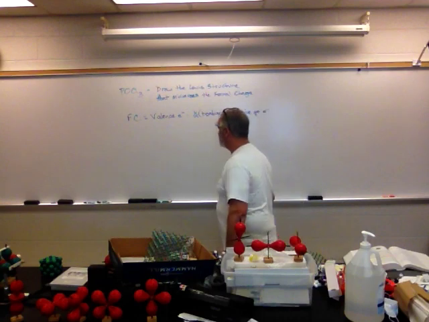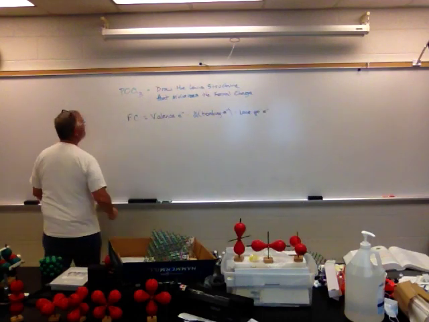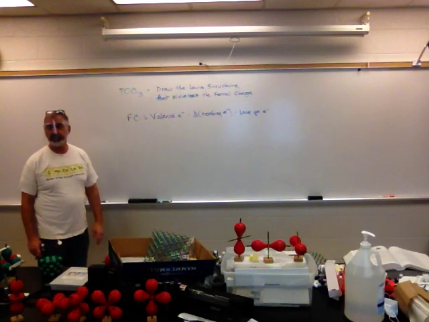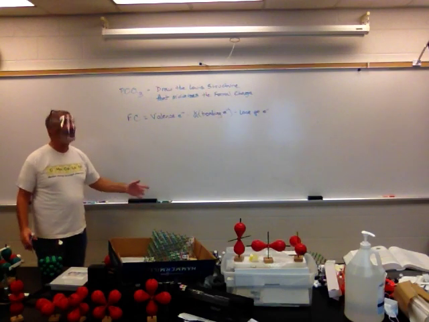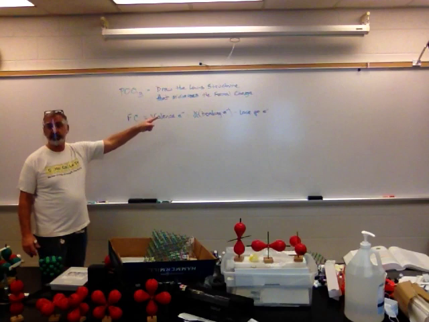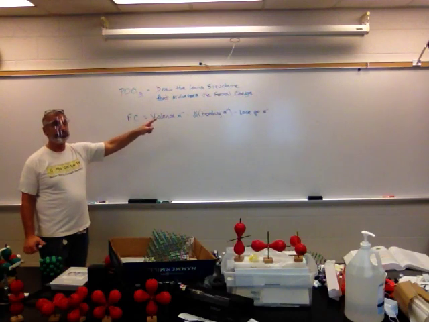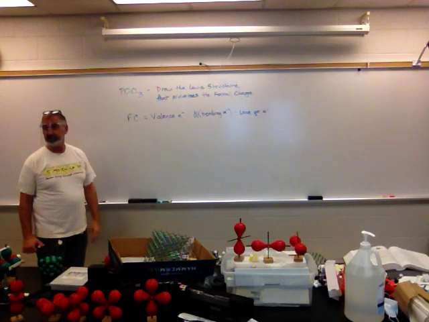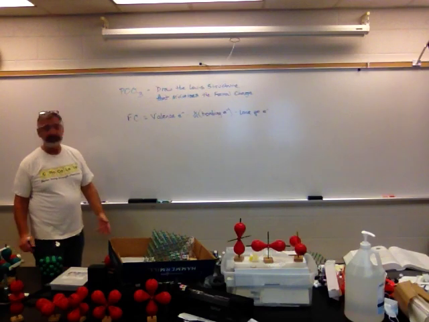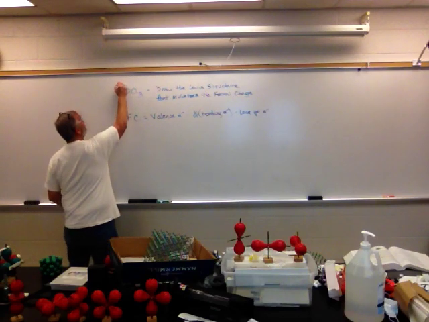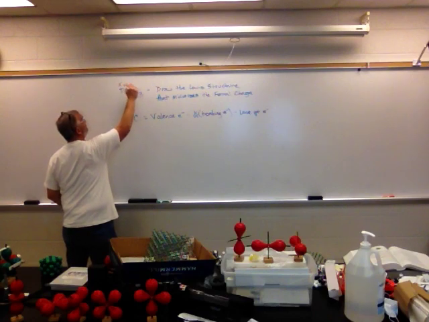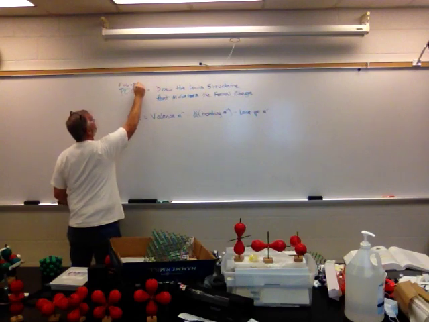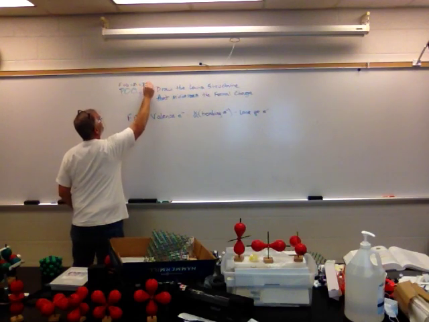Okay, so let's look at this. The first thing I'm going to do is draw just a normal Lewis dot structure, which is, by the way, what you do unless it specifically says formal charge. If it doesn't mention formal charge, don't try to do it in terms of formal charge. Just do it where the octet rule is all satisfied. I have 5 electrons, 6 electrons, 21 electrons, so that's 32 electrons.